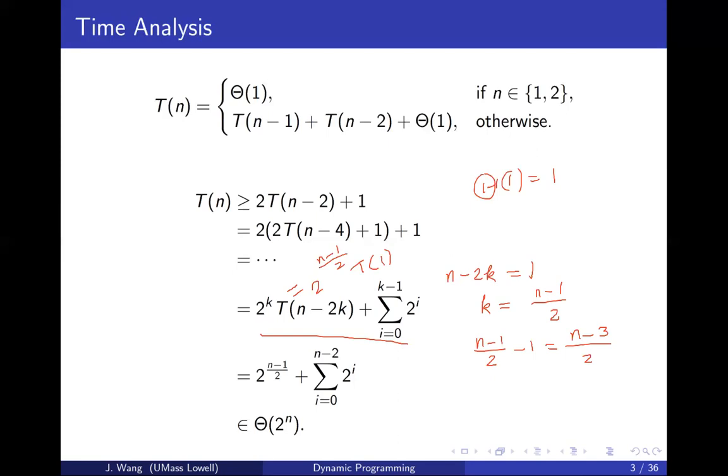So change this. This is not right. So this n minus, that's k. All right, k minus 1 is equal to n minus 3. So this would be n minus 3 over 2.